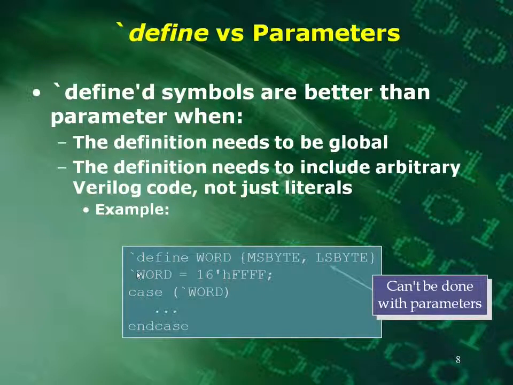And here we've actually used it that way. So here I've said tick word, which substitutes this text, basically just substitutes it in here. So here you have ms byte, ls byte, concatenation equals 16 tick hex FFFF. And here we're doing a case statement based on that ls byte, ms byte concatenation. Okay, so you can't do this type of thing with parameters.